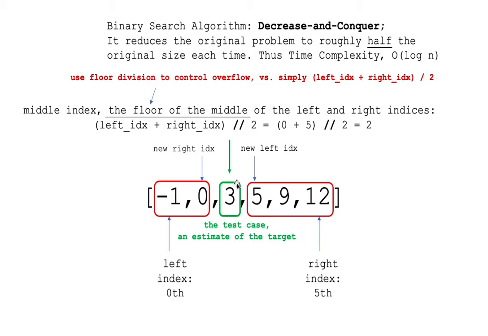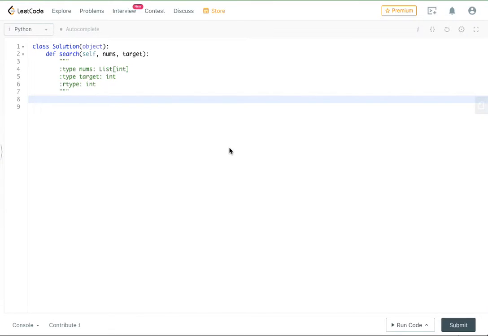Finally, if the target is larger than the middle element, we know that the target must exist in the right half chunk of the remaining nums array. Therefore, we move the left index to the immediate right of the middle index to form a new left index. With all the background knowledge introduced, we're now ready to write the code.